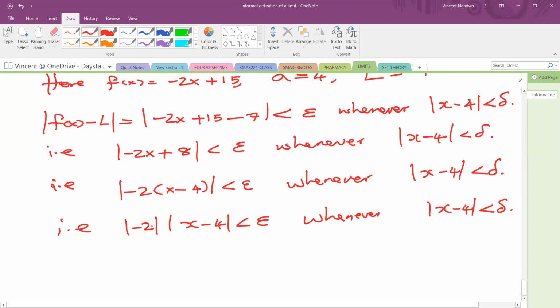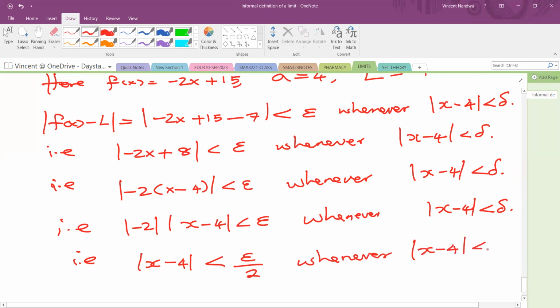The absolute value of minus 2 is 2. So which means the absolute value of x minus 4 is less than epsilon over 2.